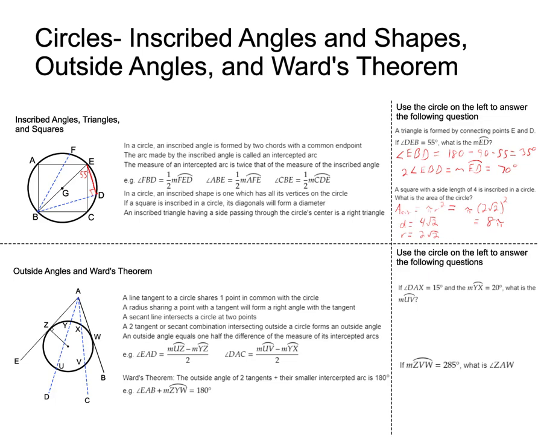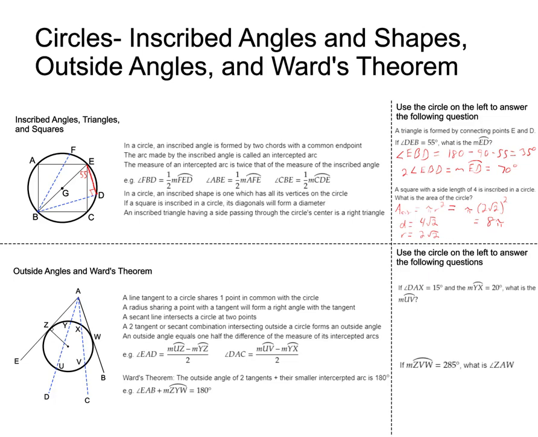The third case is when you have the outside angle of two tangent lines. While we can use the equation that we used for the previous two examples, we can actually use something simpler called Ward's theorem, which states that the outside angle of two tangents plus their smaller intercepted arc is 180 degrees.